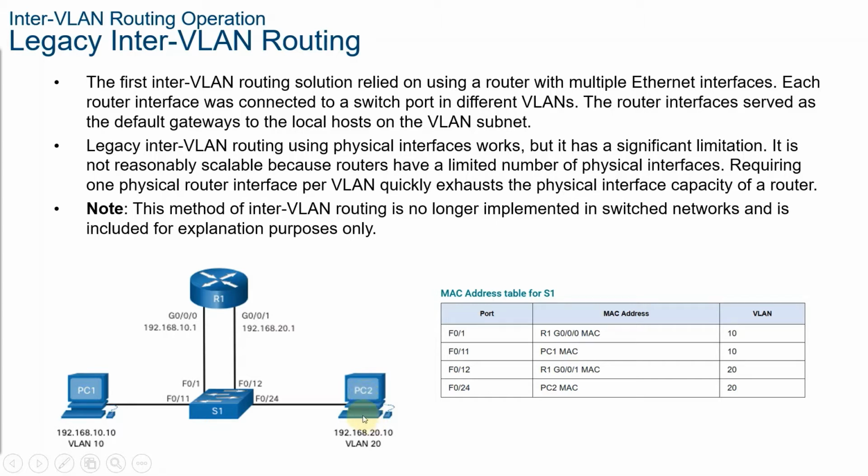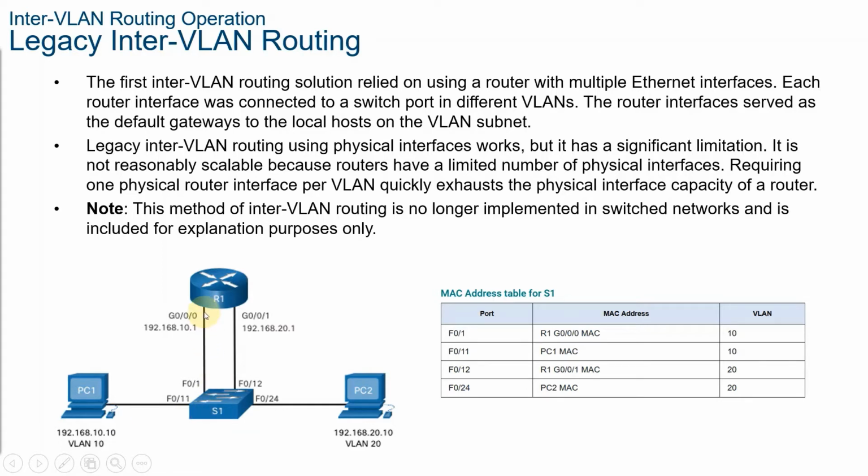Take note that it is on a different network. PC1 is using 192.168.10.10 and is located on VLAN 10, whereas PC2 is located on 192.168.20.10, or VLAN 20. So when PC1 sends a packet to PC2 on another network, it forwards it to its default gateway, which is 192.168.10.1.